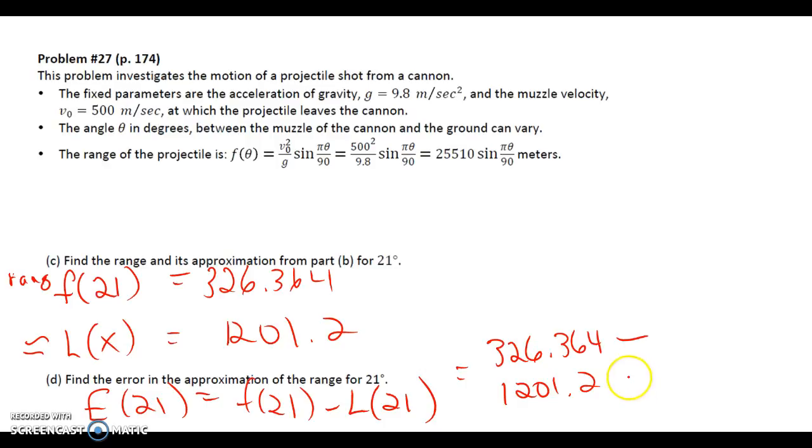So my error is a negative 874.84. So really what this is showing is that that linear approximation really only holds very, very close to 1. We're talking tenths or hundredths different from 1. It does not even hold for a 1 degree difference in this problem.